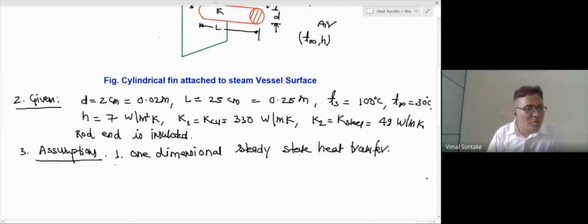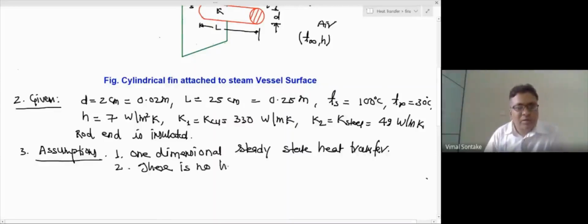Assumption number two, there is no heat generation within the fin.